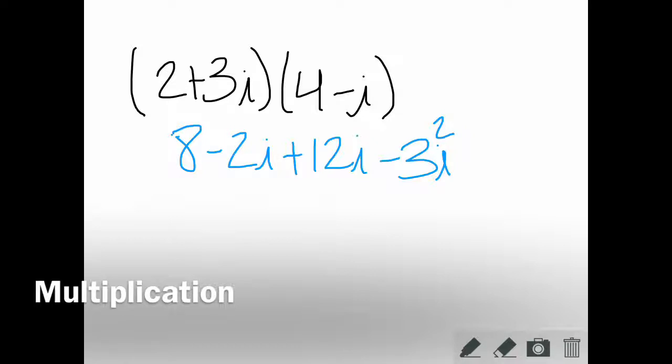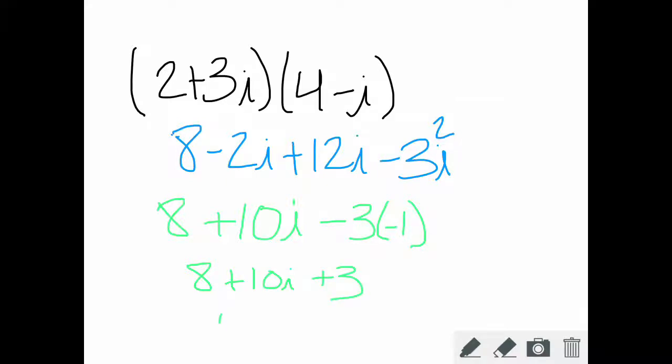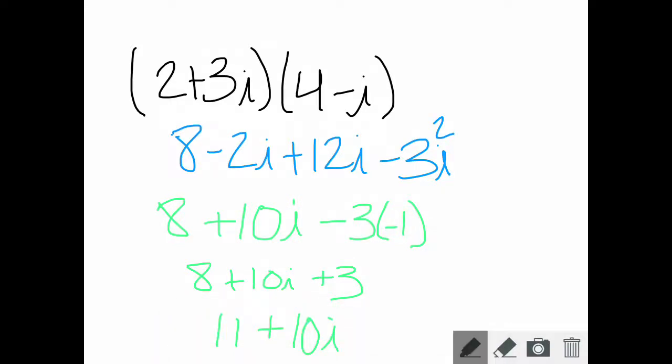And next, what you are going to do is combine like terms. So then there's 8 + 10i, and then -3i squared is actually -3 times -1, so that would be 8 + 10i + 3, and then 8 + 3 is 11, and so your answer will be 11 + 10i.